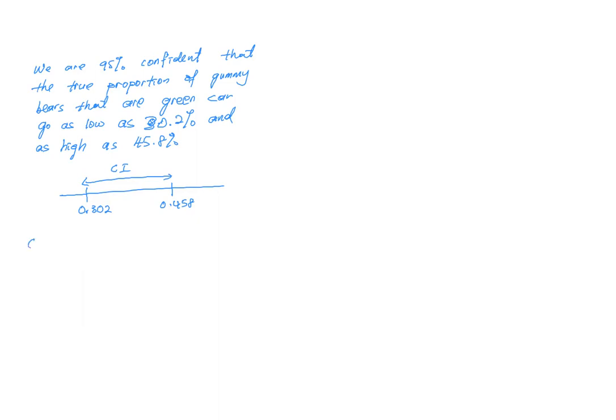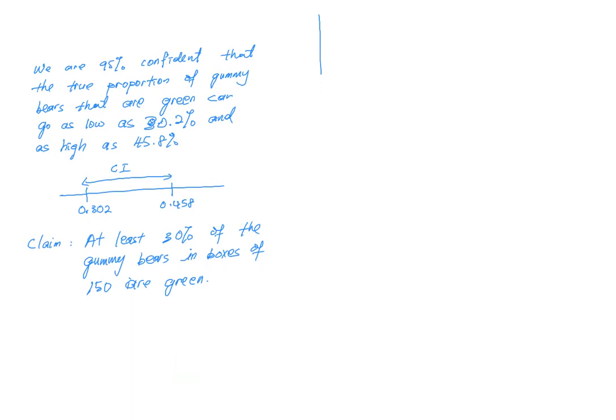So if someone claims at least 30% of the gummy bears in boxes of 150 are green, how are you going to justify this claim? Can someone give me the justification for this claim?